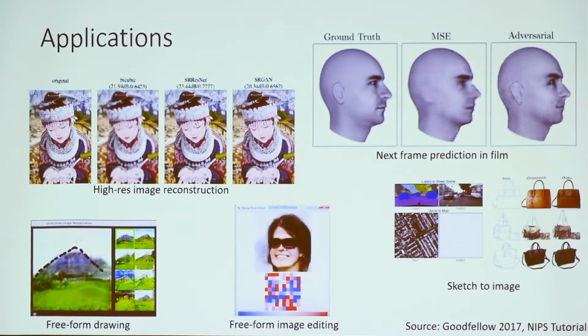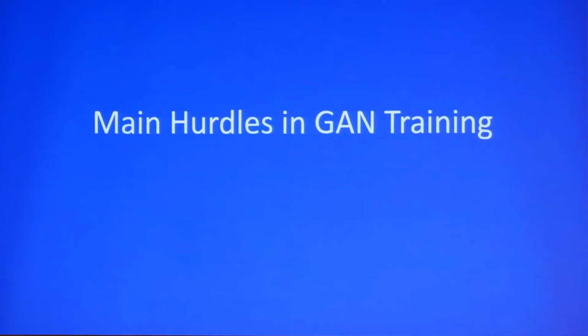But deep down there are some main hurdles in GAN training that relate to problems where maybe the EC community is capable of providing some new viewpoint, and so that's what I want to talk about next. What are the main hurdles in GAN training?